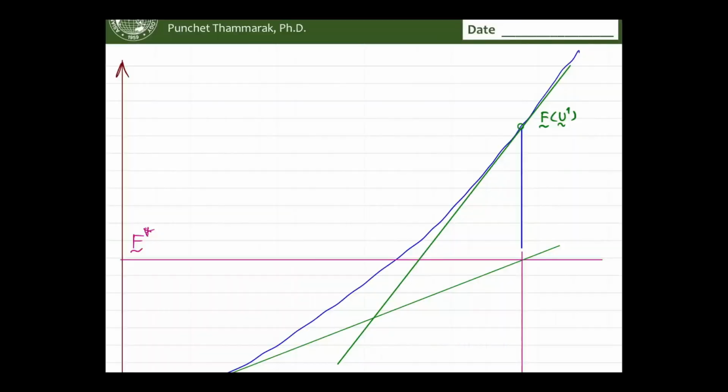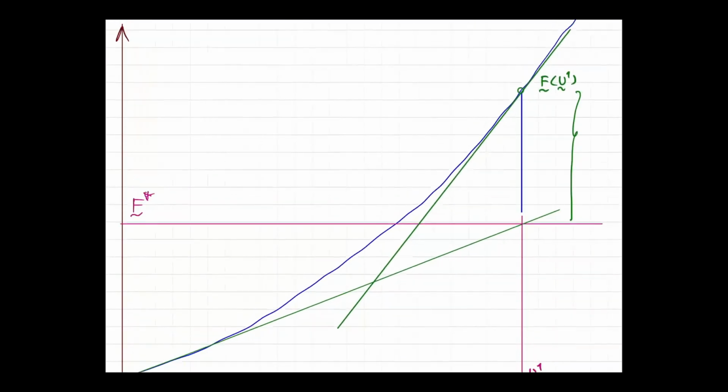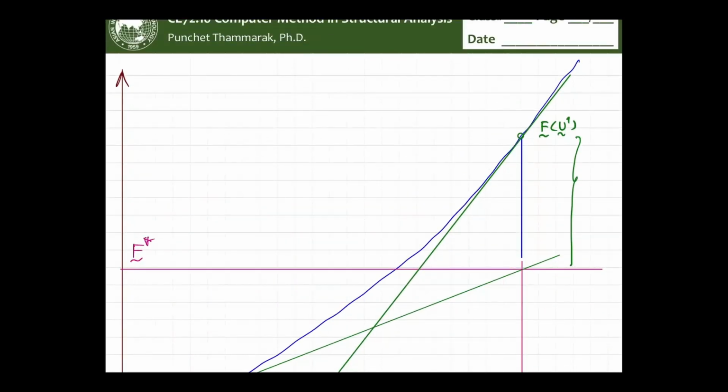What is the error? What is the residual? Residual is here. So the residual is the F star minus F evaluated at U1. Well, the residual term this time will be negative. And then you have the K1 evaluated at this point here.